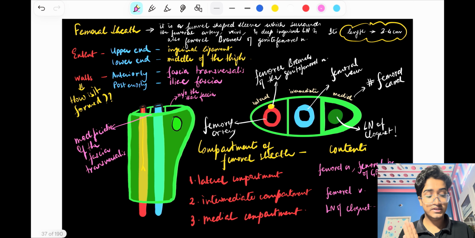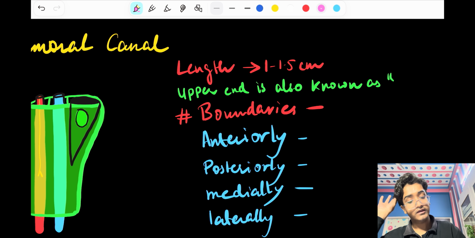We are done with the femoral sheath. Now we are heading to the medial compartment, which is also known as the femoral canal.